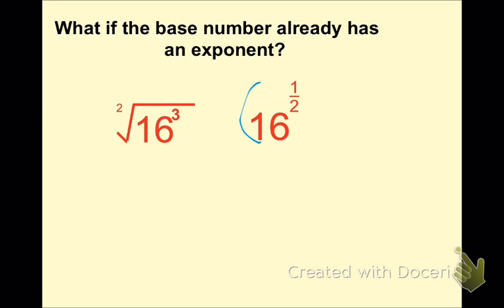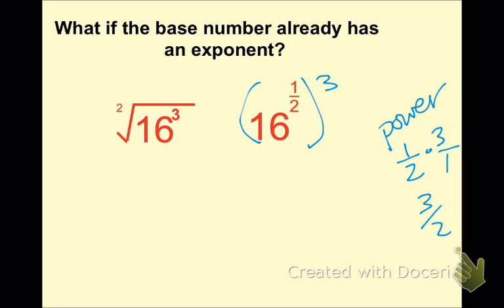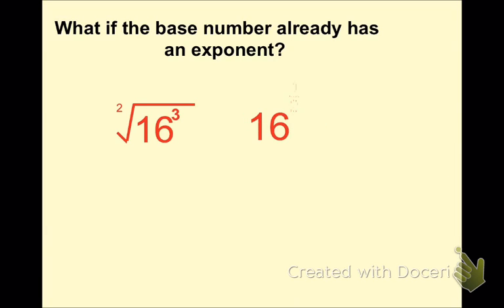I would take this whole thing and raise it to the power of 3, but I know I have the power rule, which means I would multiply 1/2 times 3, and I would get 3/2. So I can just replace the 1/2 with a 3/2 power. When we have a power on the base of our square root, we still end up with a fraction, but now the numerator is no longer 1. It's the number that we have on the base as a power.